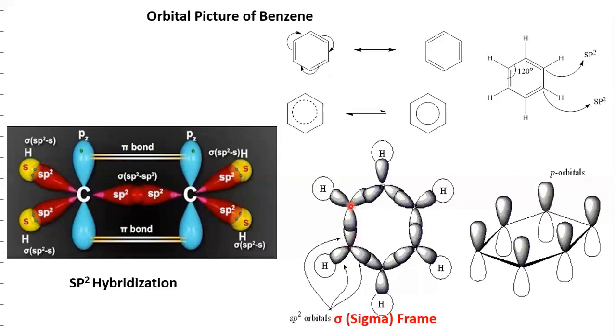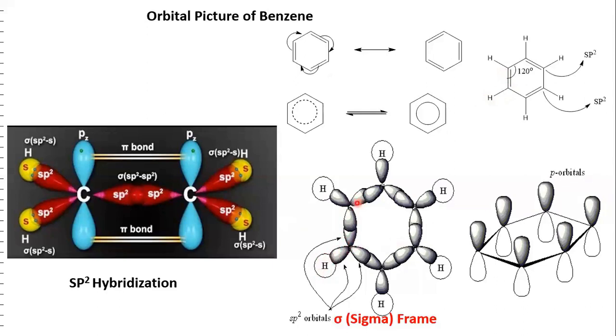These two carbon atoms are bonded with each other with the help of sp2 overlap. So this is an sp2 overlap. Now this is our second carbon atom, which is bonded to hydrogen. So it is again an sp2-s overlap.